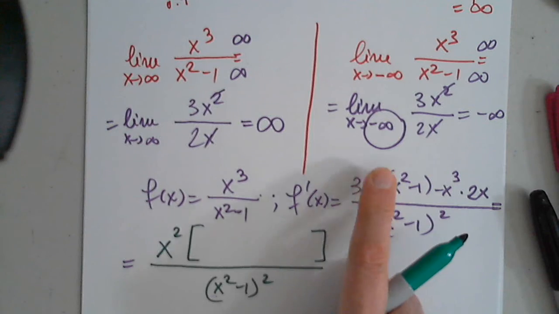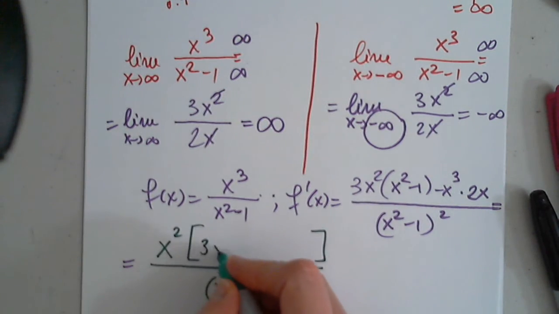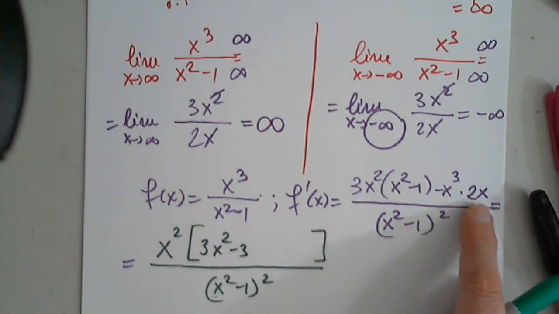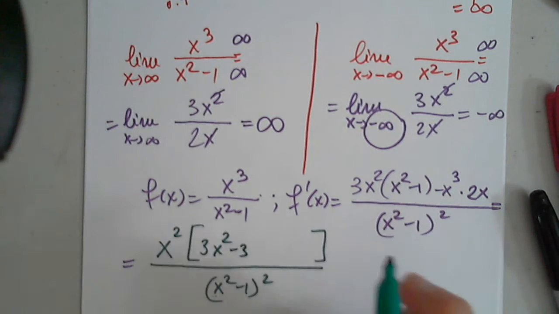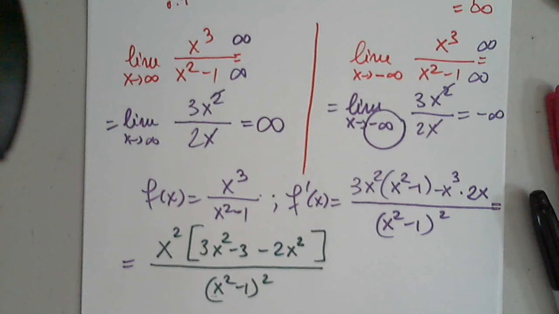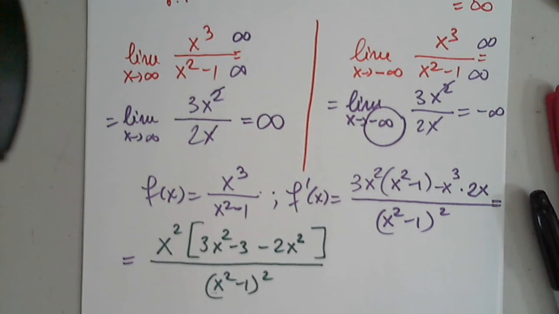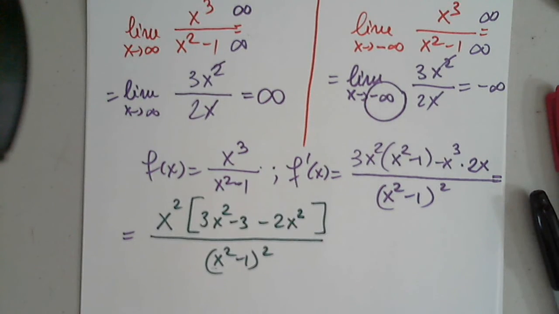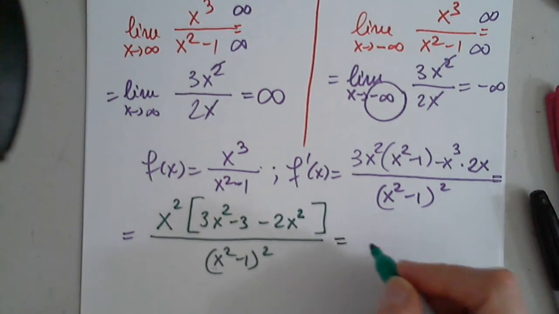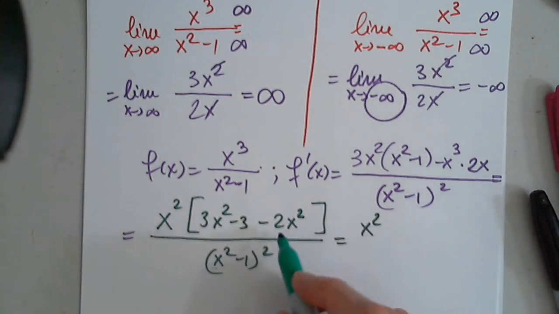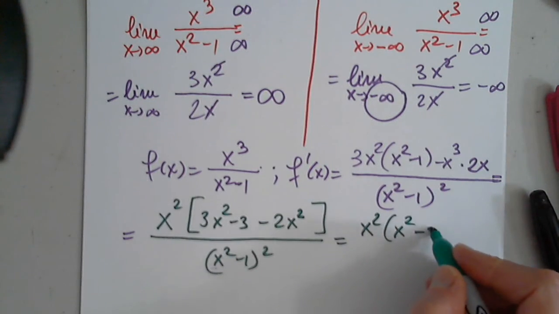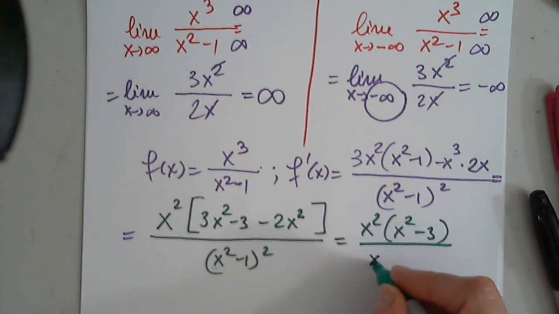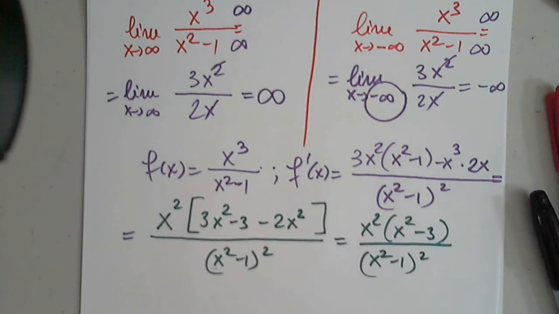So this is gone. 3x squared minus 3. So this is 2x to the fourth, so this is minus 2x squared, because I factored out x squared. Everyone agrees so far? So x squared, and this is x squared minus 3 over x squared minus 1 squared.